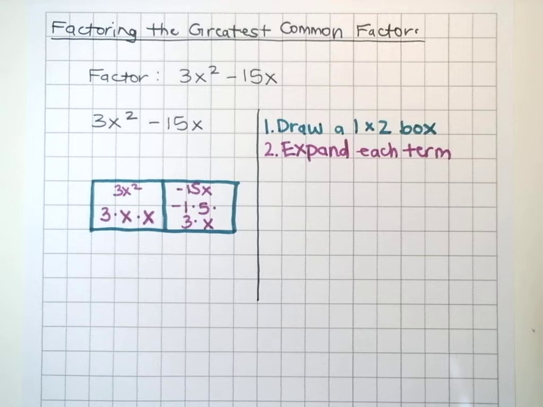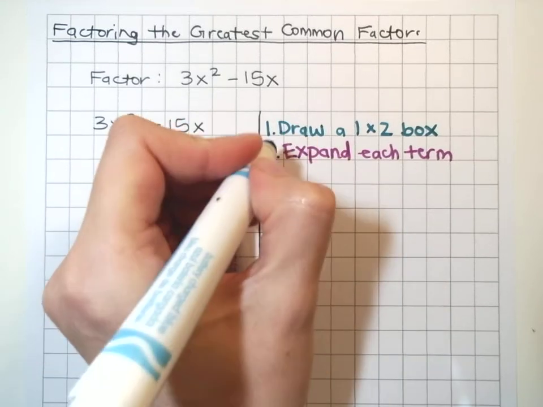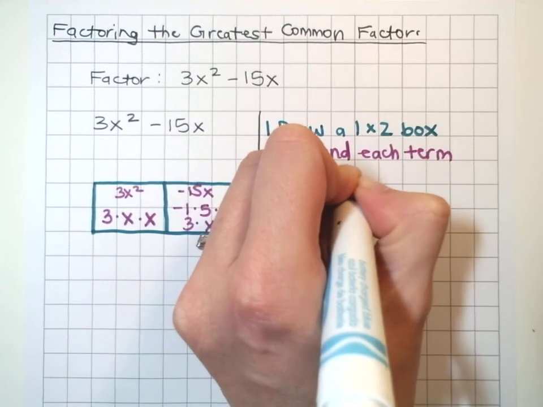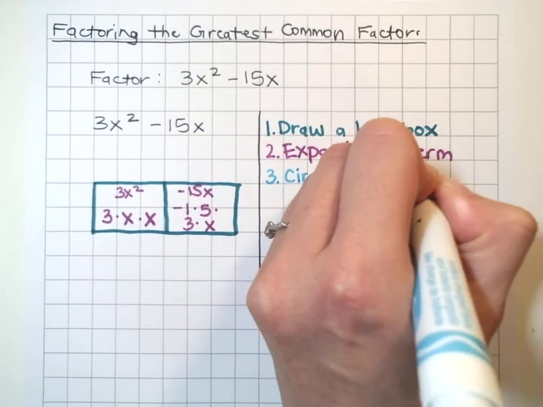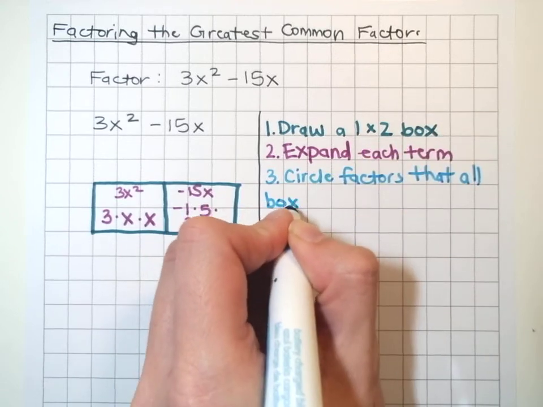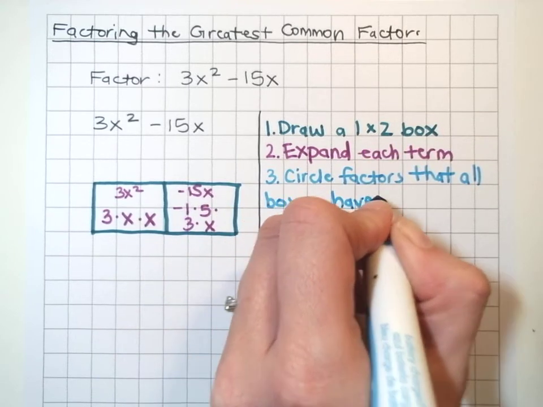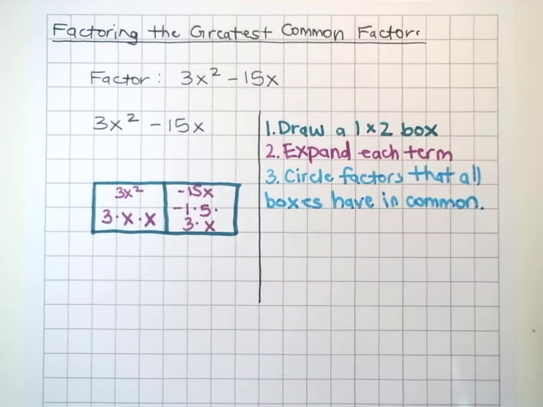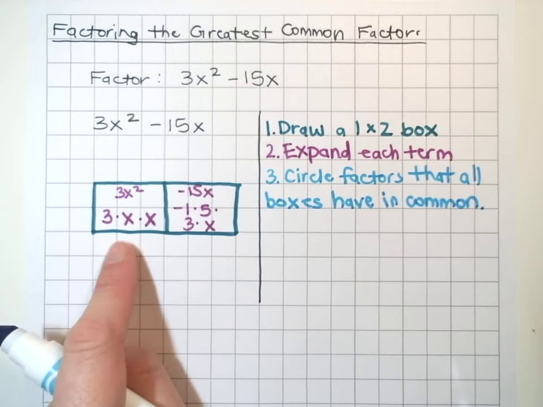Then we need to circle factors that all boxes have in common. In this case, we have two boxes.